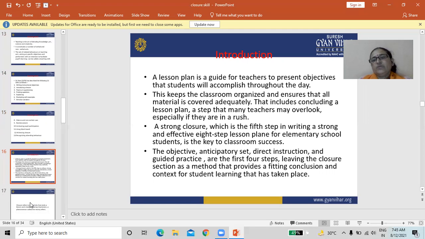Today, we will discuss closure skill. First, we will discuss the introduction of closure skill. A lesson plan is a guide for teachers to present objectives that a student will accomplish throughout the day.